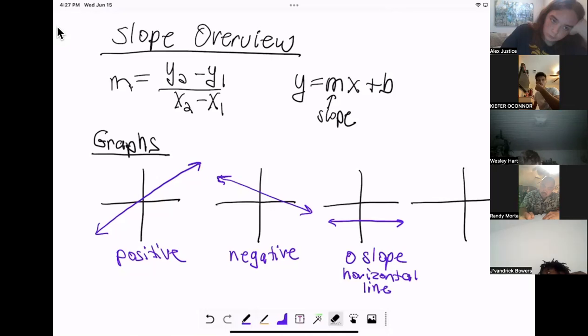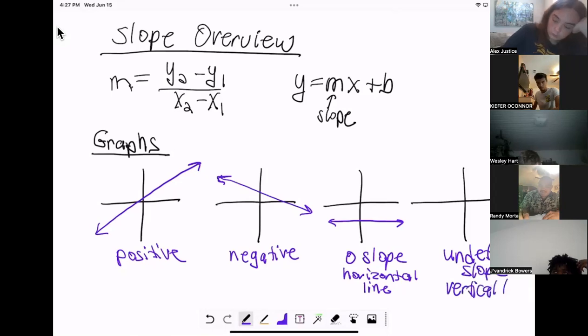The only line that does not pass a vertical line test is a vertical line, which is the last one, undefined slope. That would be our vertical line, because a vertical line is not a function. That would be a vertical line anywhere.